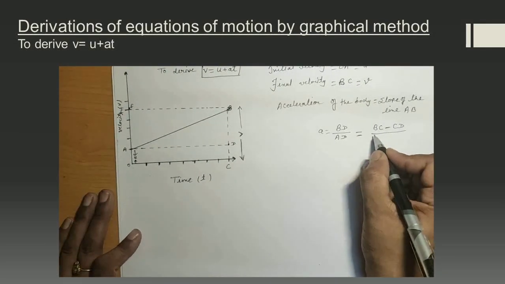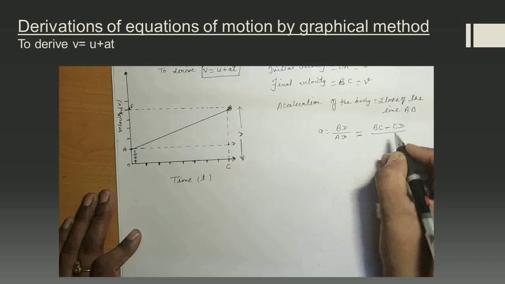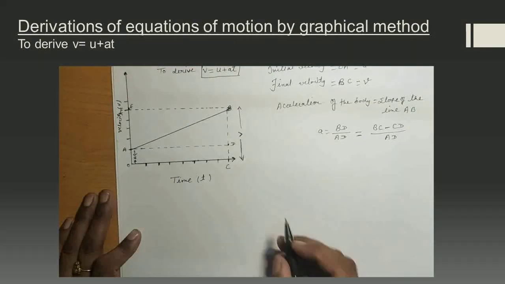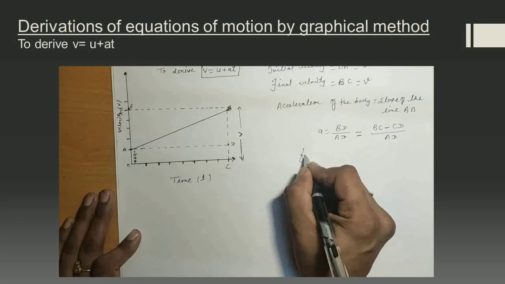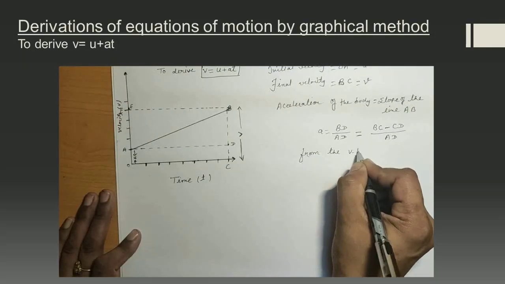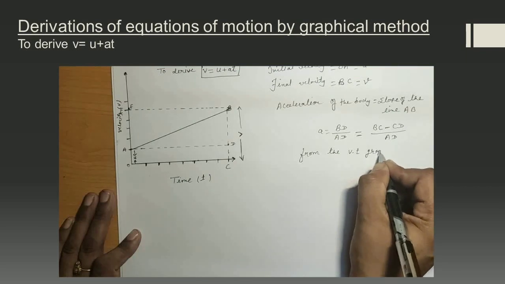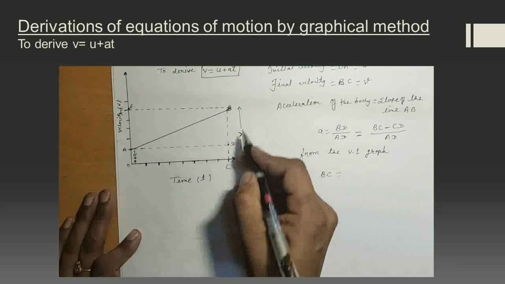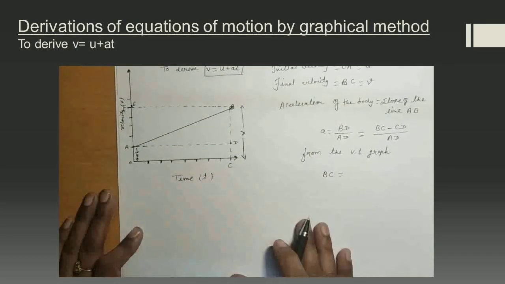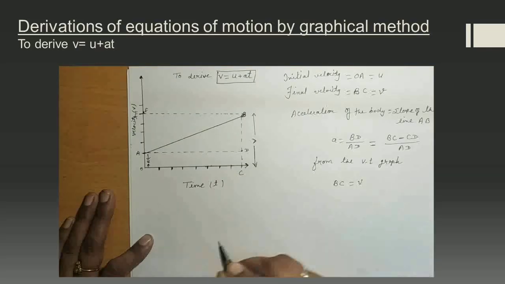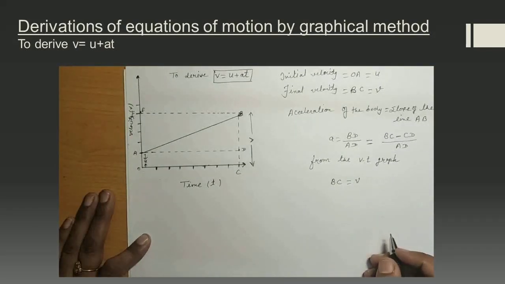So BC minus CD upon AD. From the VT graph we can write BC is equal to, by this graph, the final velocity v.